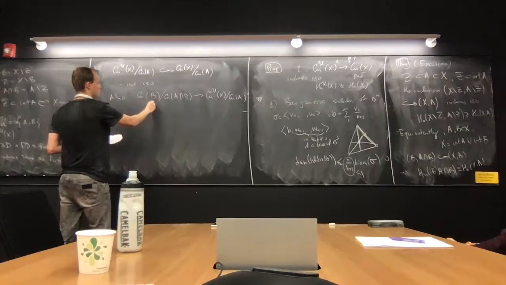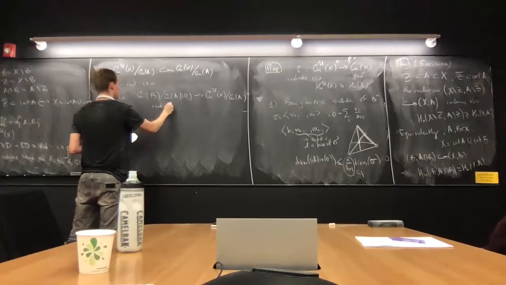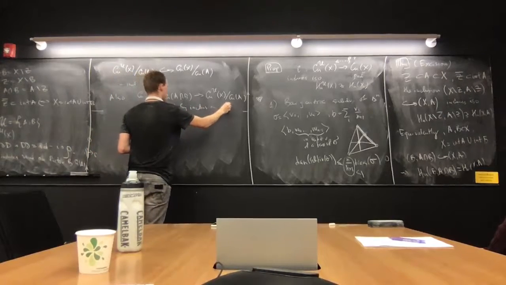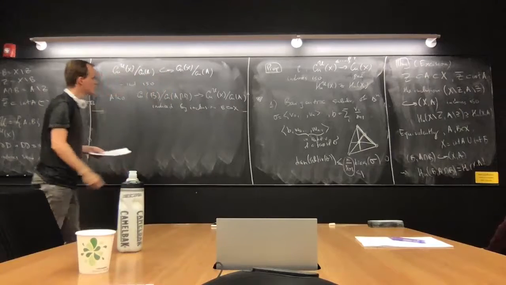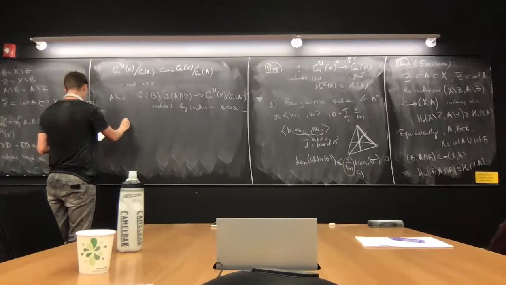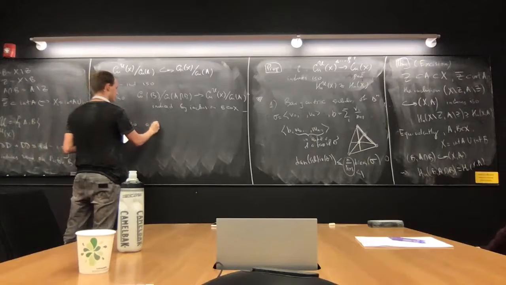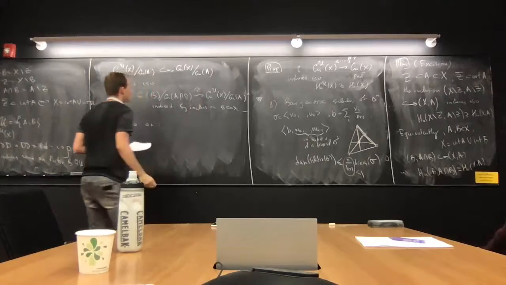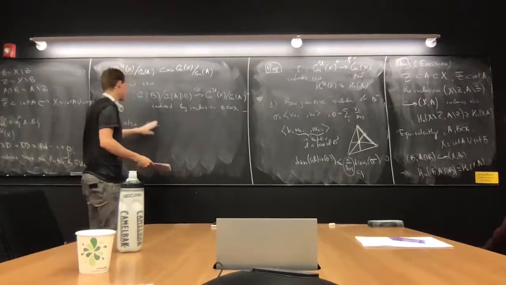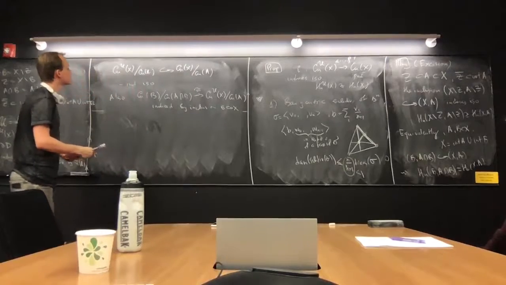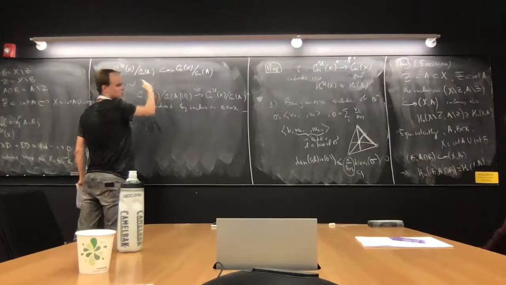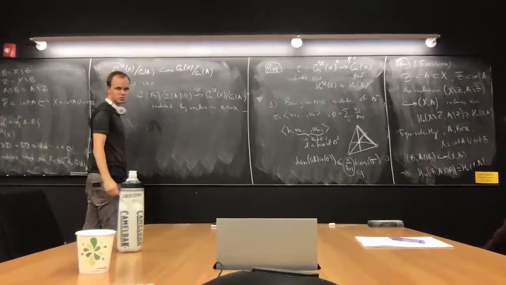It's also induced by the inclusion of B into X. This map is also an isomorphism because B is already one of the sets in U. So this is isomorphic to this, and the composition of these two maps induces an isomorphism in homology. That's the whole proof.